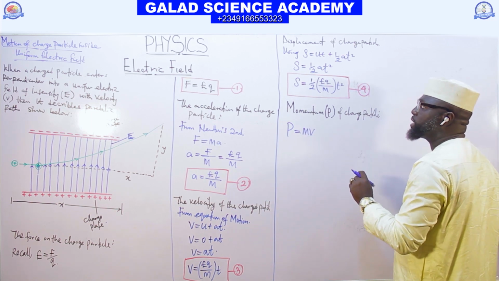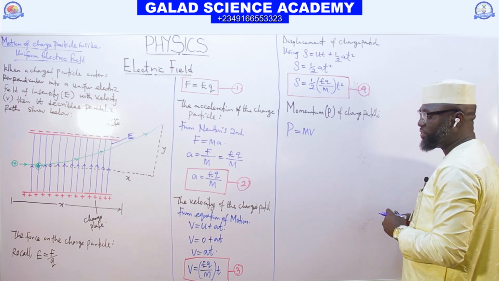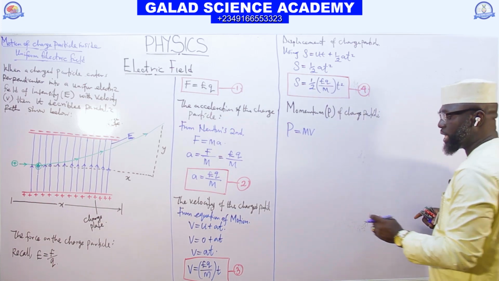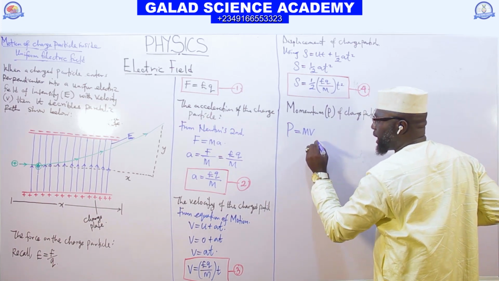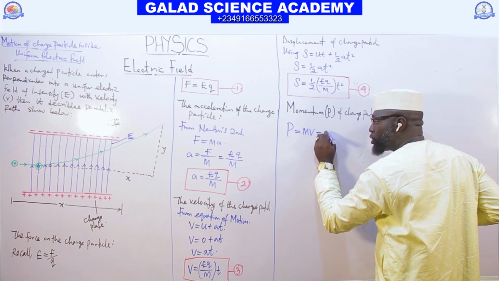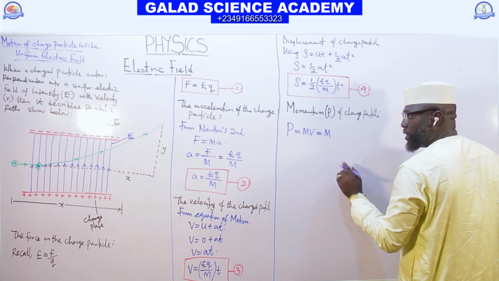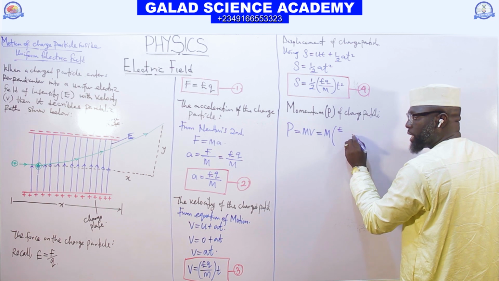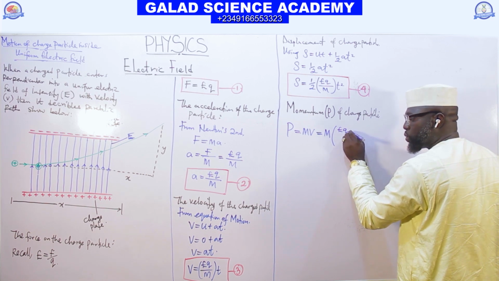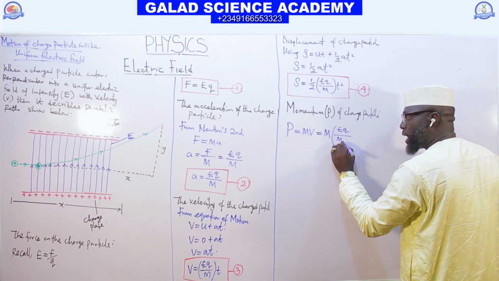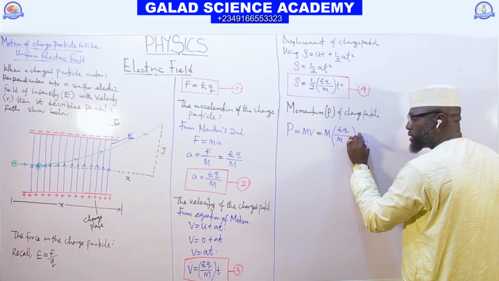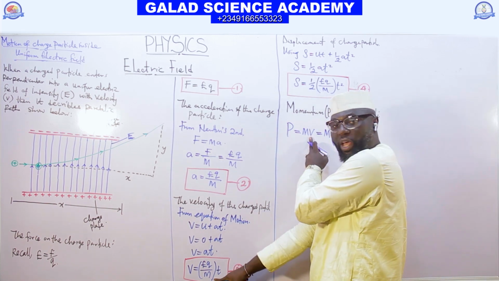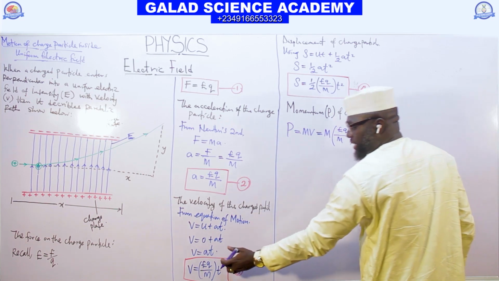By substituting for velocity from equation 3, you will have momentum equal to mass times EQ over M times T. I remove this V and put everything we have here to represent the velocity.